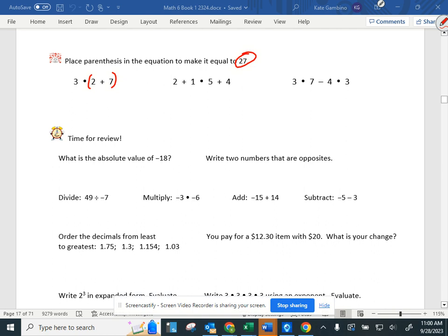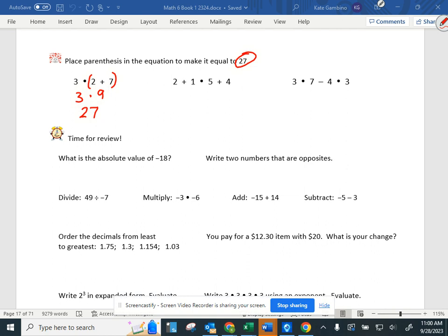If I do 2 plus 7, I'm going to get 9. So that would be 2 plus 7 is 9, and then 3 times 9, which is 27. So you have to figure out what you're putting the parentheses around, so when we do our multiplying, it'll equal 27.